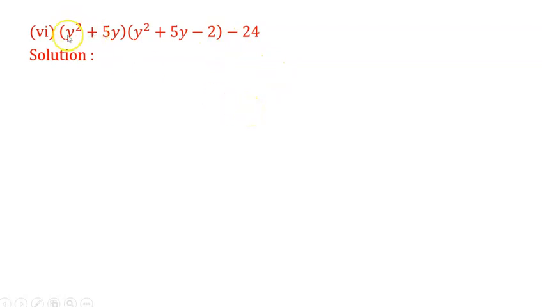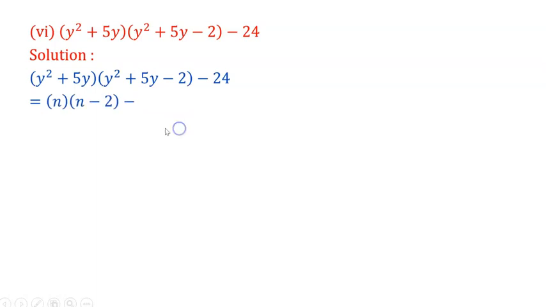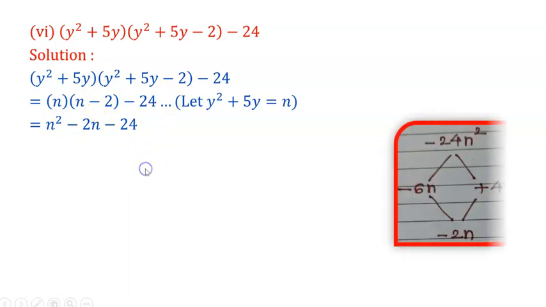Again here the common term is y² + 5y, and hence we will replace y² + 5y by n. See this here. In the first bracket, y² + 5y is replaced by n, and here again y² + 5y is replaced by n, giving (n - 2) - 24. Again their product: n² - 2n - 24.